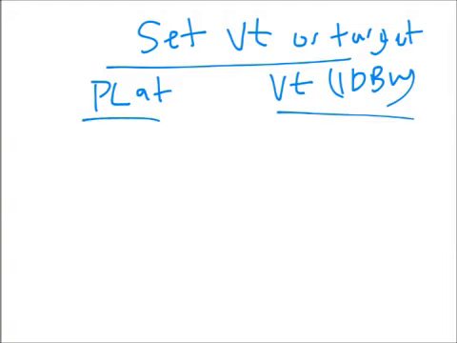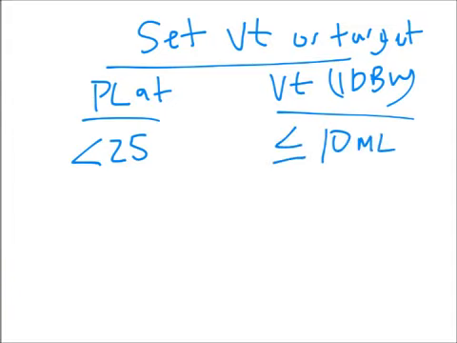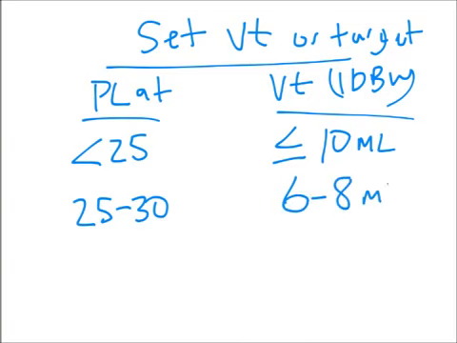So when I look at my plateau pressure measurement, if the plateau pressure is under 25 centimeters of water, then I could use tidal volumes of approximately less than or equal to 10 milliliters. However, if my plateau pressure is a little higher, 25 to 30 centimeters of water, then I should be targeting lower tidal volumes, more lung protective, in the 6 to 8 milliliter range.